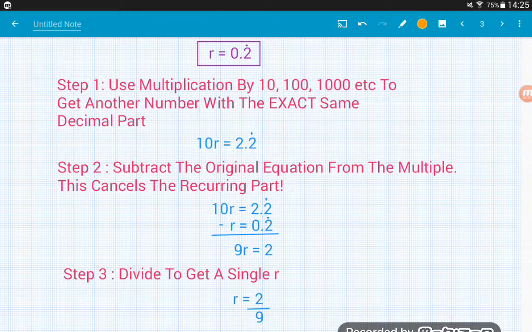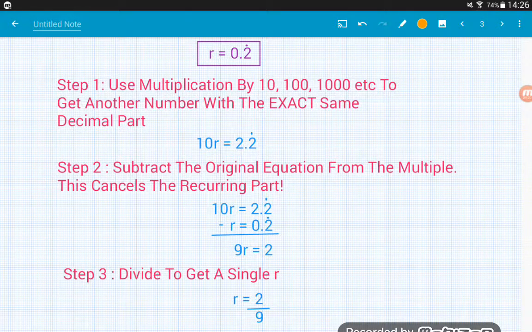Now we have two equations, if you like, with the same recurring decimal part. The point of that is that we can then use subtraction to get rid of the recurring part. So we take the 10R equals 2.2 recurring and take away the original equation, R equals 0.2 recurring, and that gives us 9R equals 2.